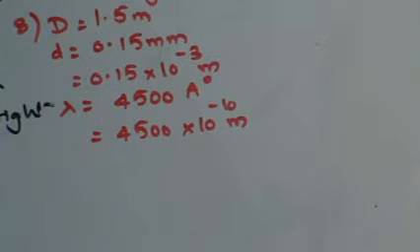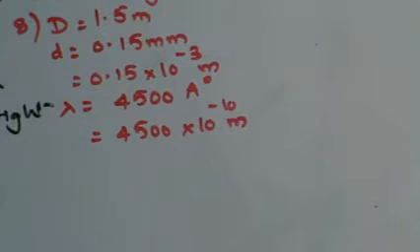Find the fringe width and the change in fringe width if the screen is brought towards the slit by 50 centimeters.